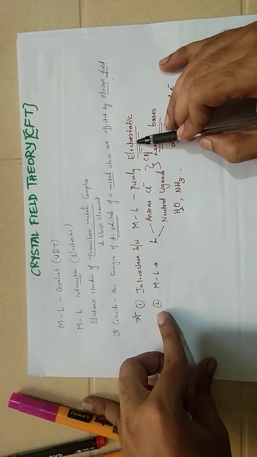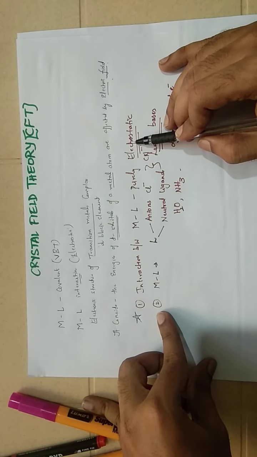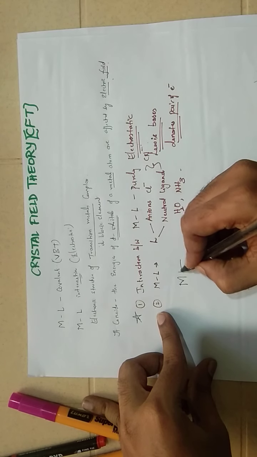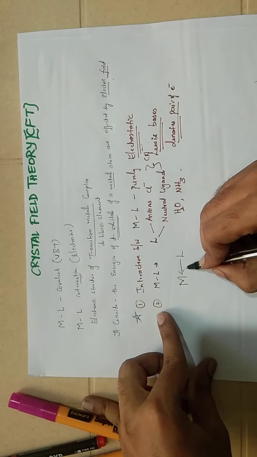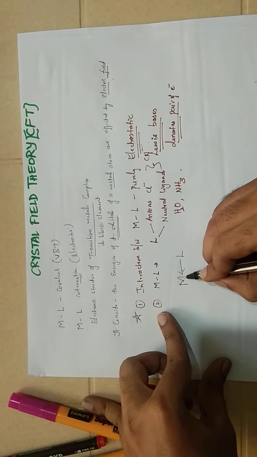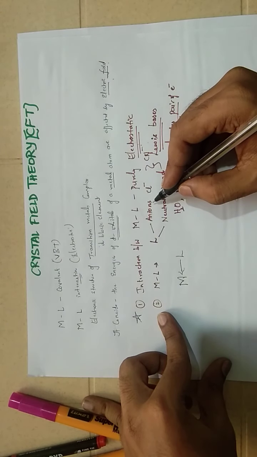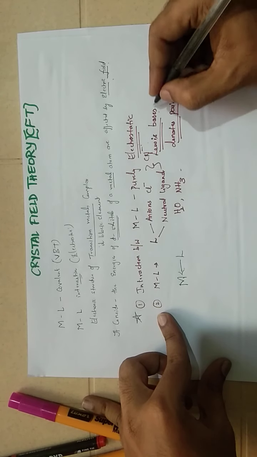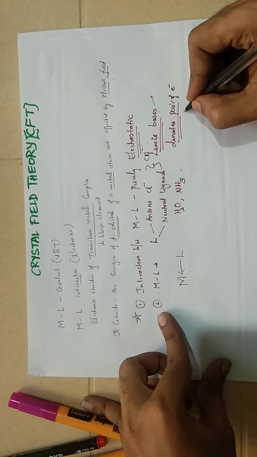We know that the metal and ligand form a coordinate bond where the ligand donates a pair of electrons. Ligands are generally called Lewis bases; they donate a pair of electrons.